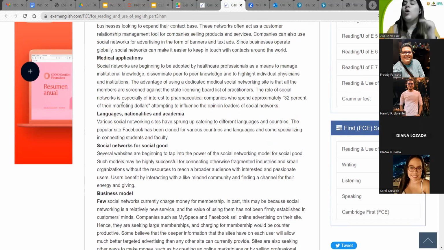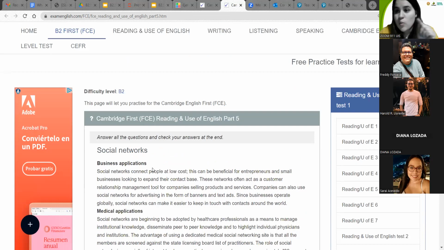Okay, I found social networking, so I'm going to see what kind of information is there about social networking. And then skimming is when you try to find the main ideas of a paragraph, of a text, of an article. So this is something that I usually do, skimming and scanning.